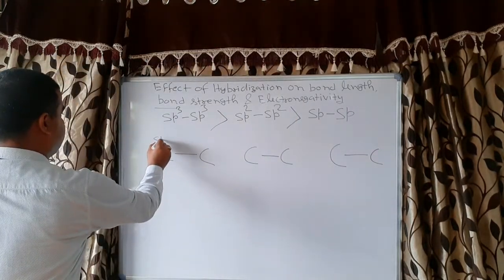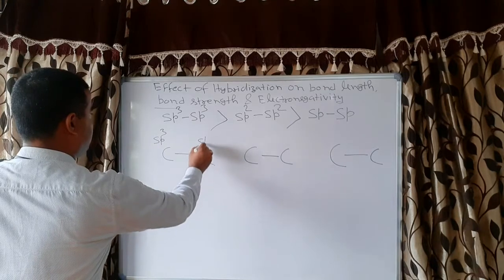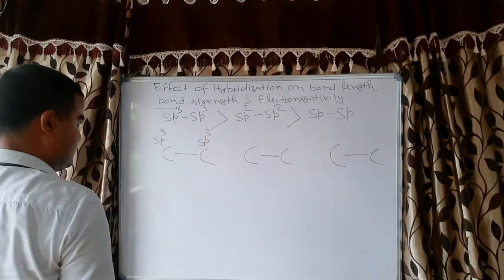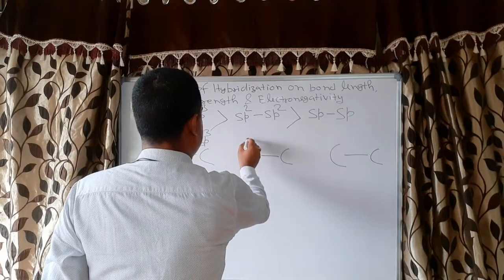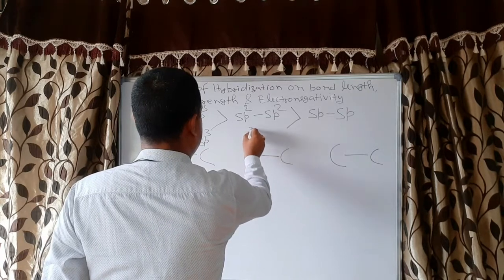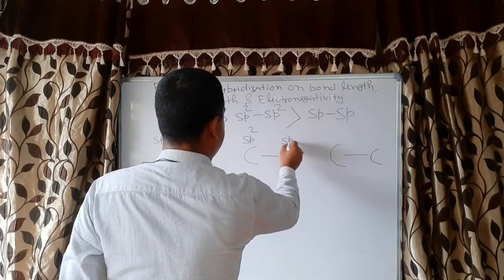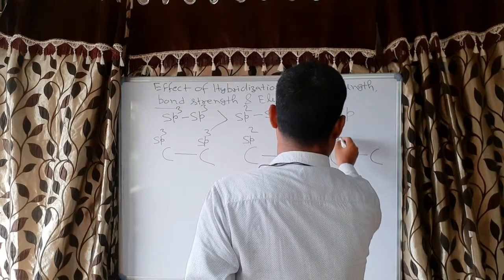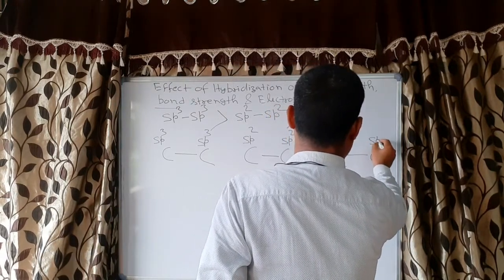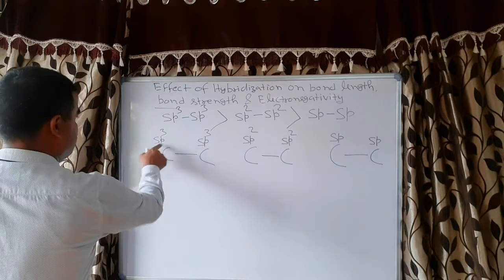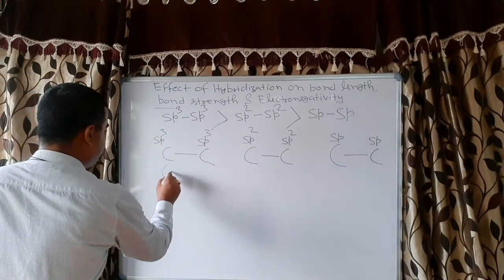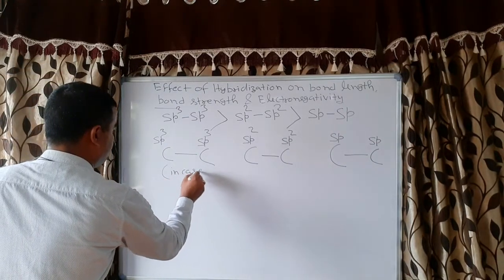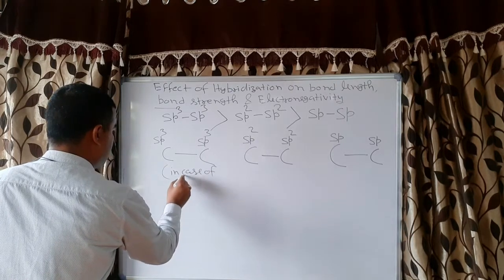This is sp3, sp3. This is sp2, sp2, and this is sp, and this is sp. This is sp3. sp3 means in case of alkane.